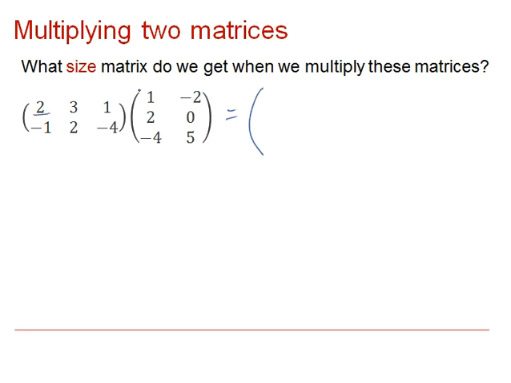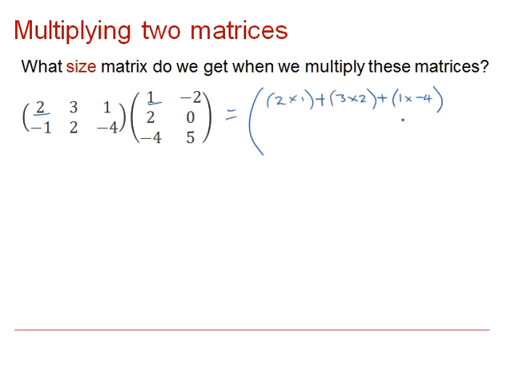Well, we know that we have to multiply that cell by that cell, so 2 by 1, and then working our way along the first row and down the first column, we would have a 3 by 2, and then we would also add a 1 times minus 4. I'm going to run out of space here, but never mind.